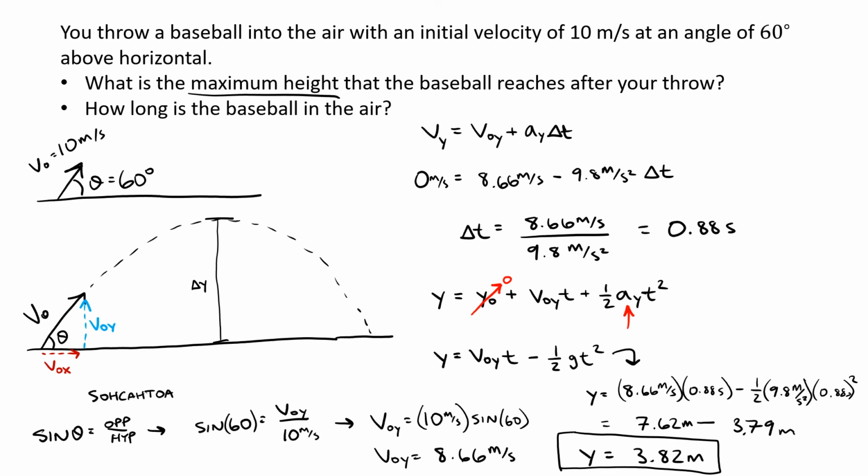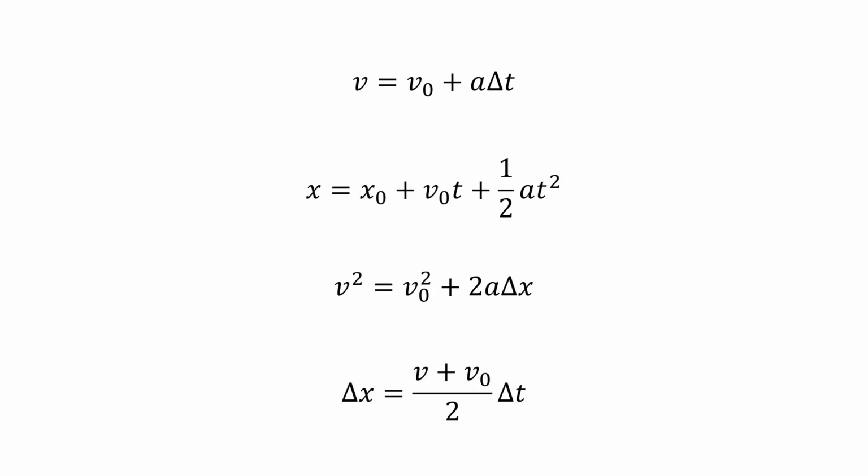This first problem right here. You see I ran out of room to do that second problem. Oops, I changed the slide by accident. To solve that second problem, you do just about the same thing, except now you're going to go from the top back down to the ground, or to the original height of 0.